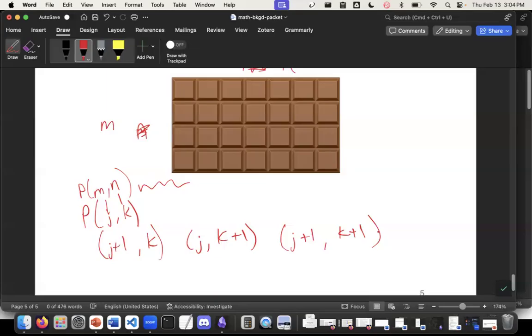So how many breaks does it take to break columns? I think it's M. The length of the bar, probably, minus one breaks.